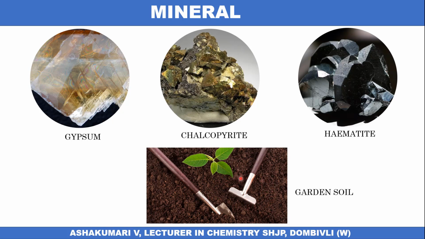It contains a lot of impurities. If we want to extract iron from garden soil, then it is a very tedious process, time consuming, not profitable. But iron can be profitably extracted from hematite, that is at a low cost with a minimum effort.